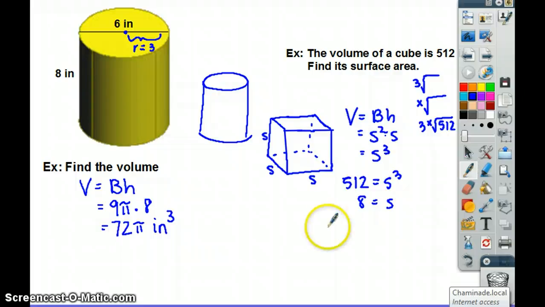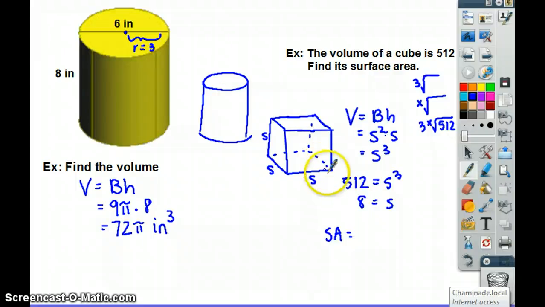Okay, now we're asked to find its surface area. Well, we could use our formula, lateral area plus the area of the two bases. But since on a cube all the faces are congruent, and there's 6 of them, let's find the area of one face and then multiply by 6.